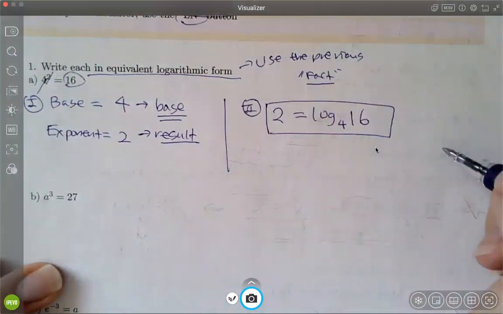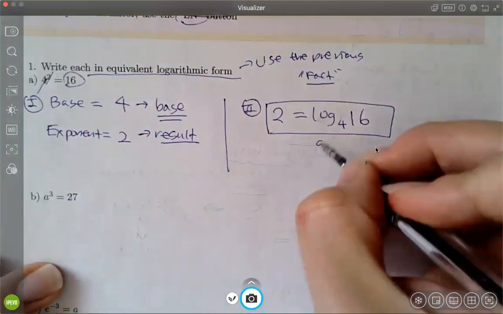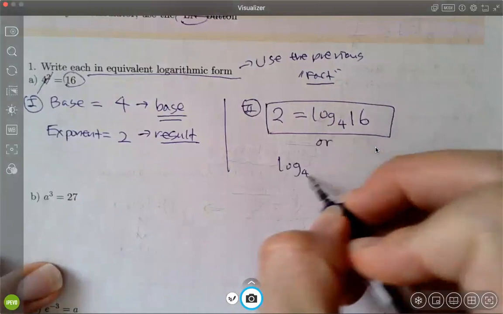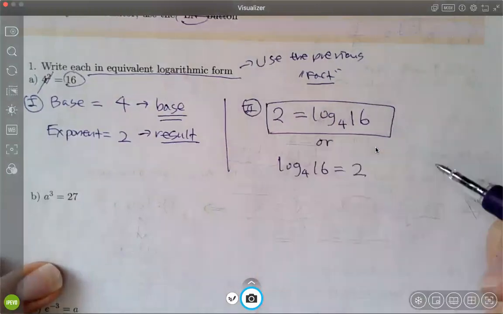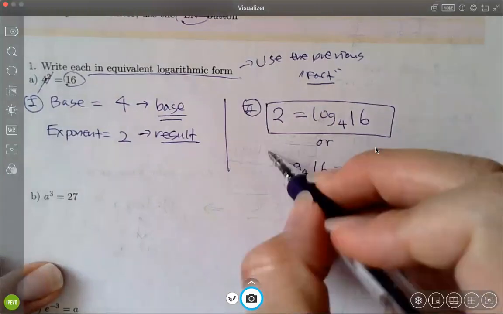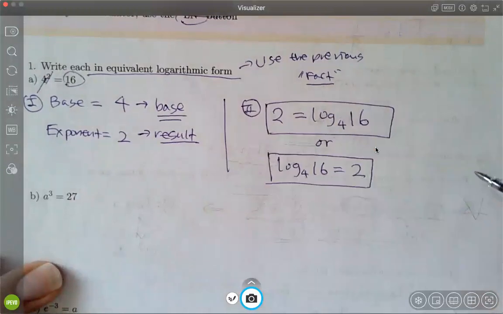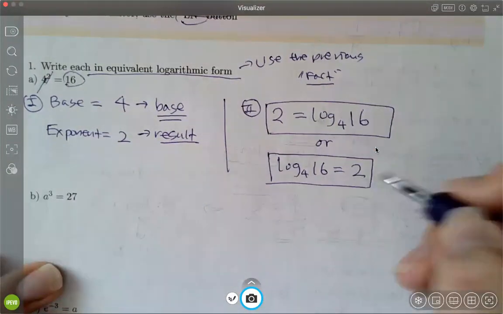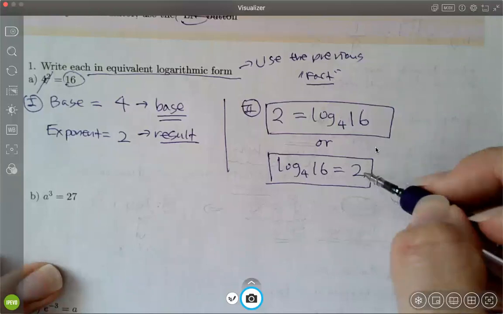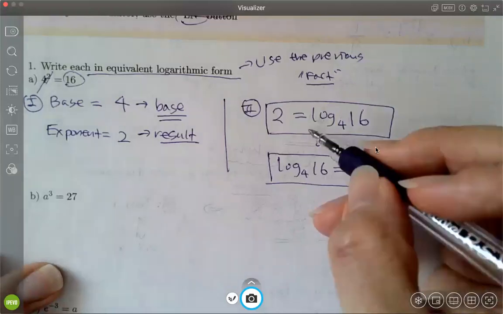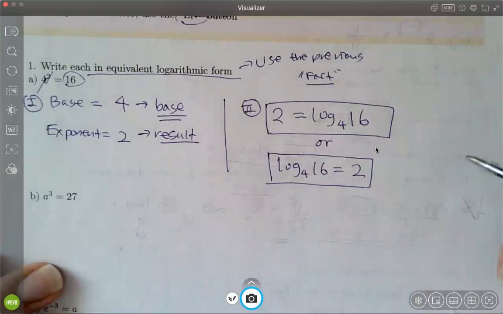Now you can also write that result, which is the 2, on the other side of the equal sign. I will typically write it like this, but this one is also fine. So again, identify the base and then the exponent, and then the other thing will follow.